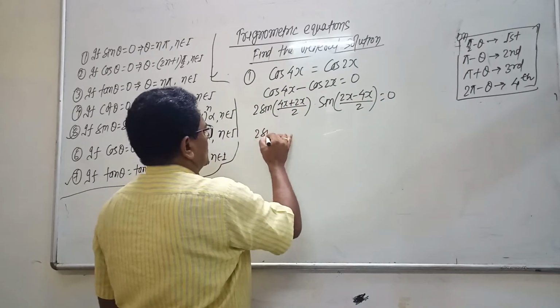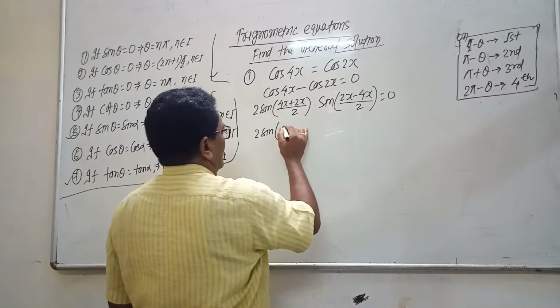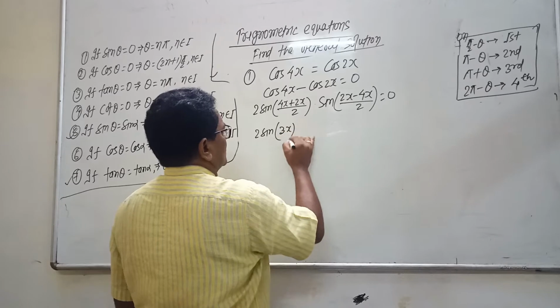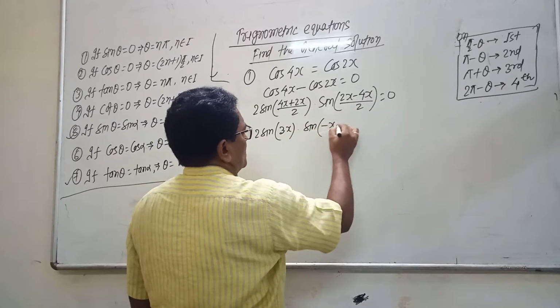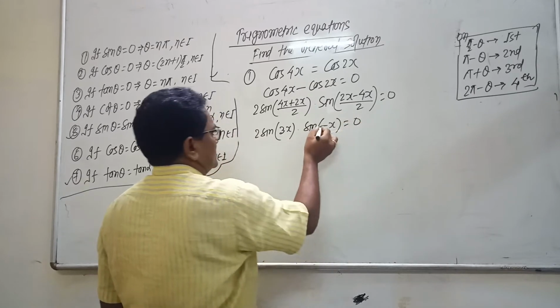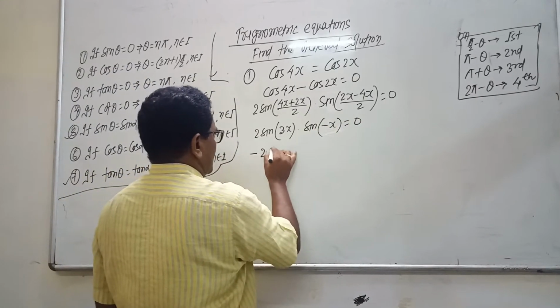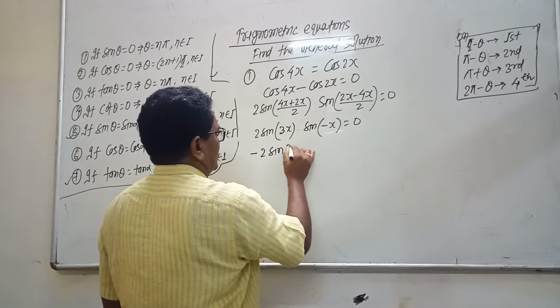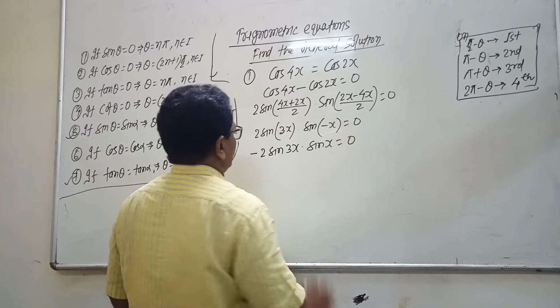So this becomes 2 sin (4x plus 2x) by 2, means 3x, into sin (2x minus 4x) by 2, that is minus x, equals to 0. Sin minus theta is minus of sin theta. So this becomes minus 2 sin 3x into sin x equals to 0.